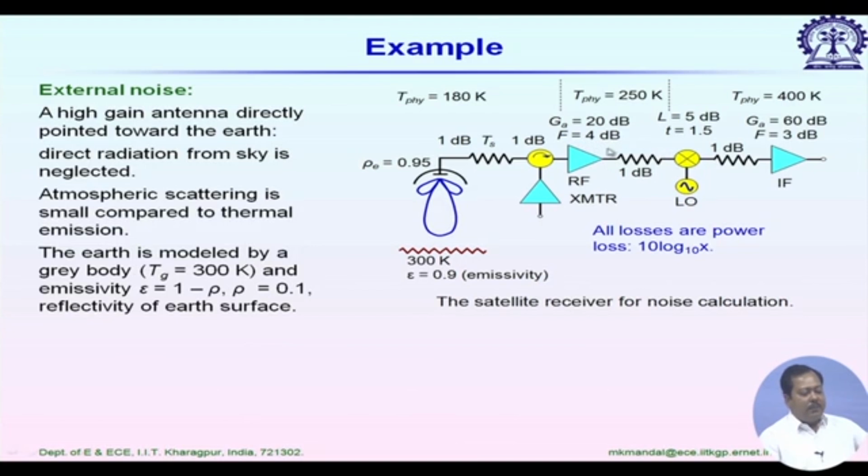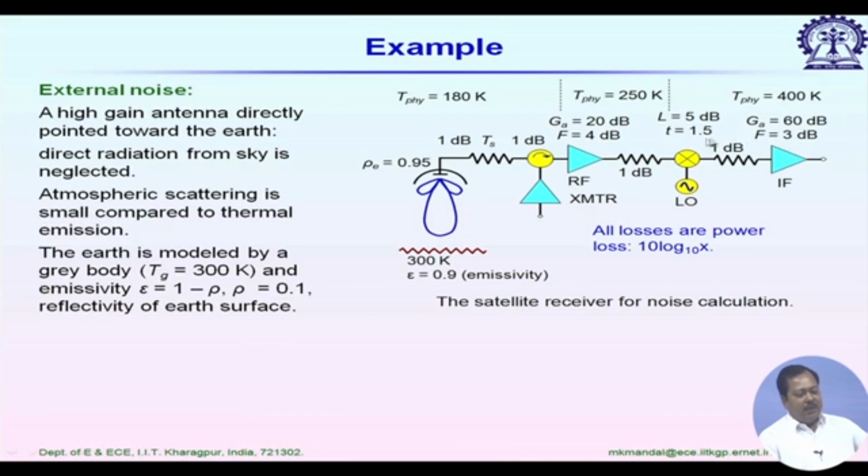Again, we have some loss due to connecting sections, that is 1 dB, and next we have one mixer. It is down converting the millimeter wave signal coming from the left hand side. For the parts, this LNA and the connecting cables, they are at a physical temperature of 250 Kelvin, but on the right hand side maybe they are sealed inside one package.